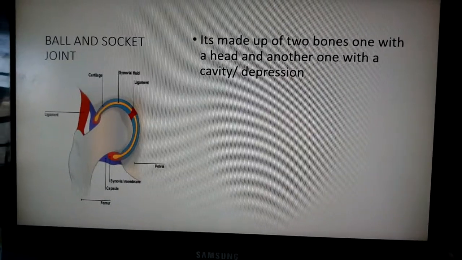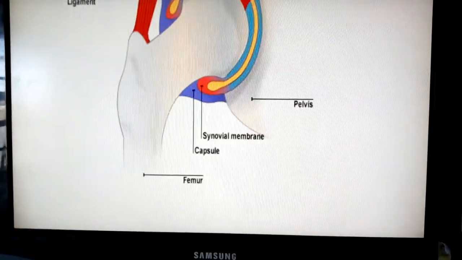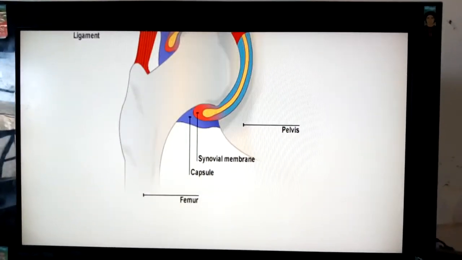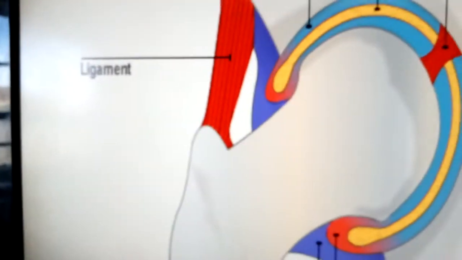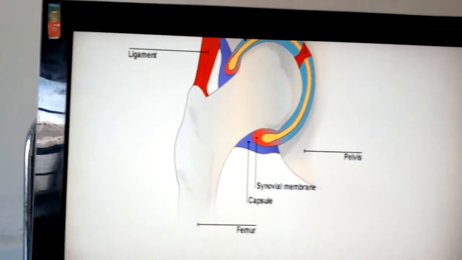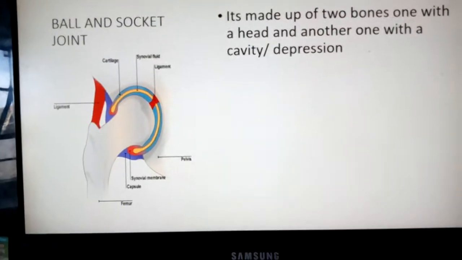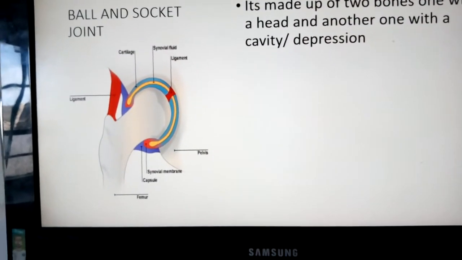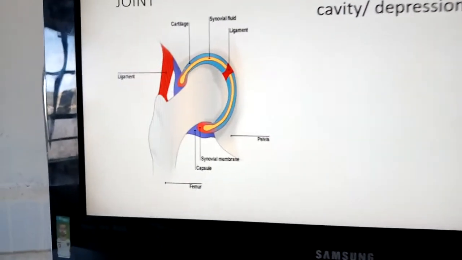Its name is down here. Let me zoom in so that you can see this word. We have this one here called femur. I hope you are able to see the bone called femur down here. Then this one is the pelvic girdle. This is forming the ball, and this is forming the socket into which it is getting in.